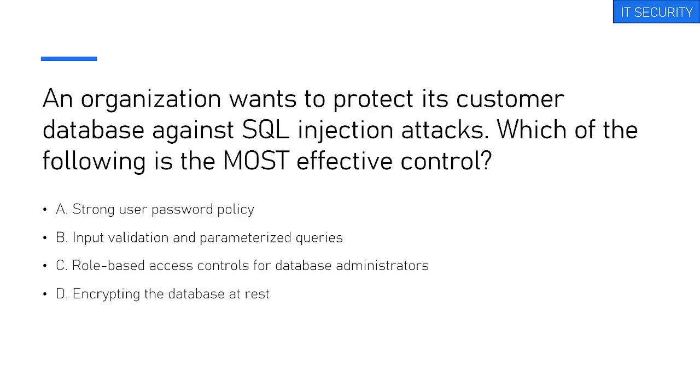And they want to exploit that vulnerability. So that's what it is. D is about the encryption of the database at rest. So the data is there. It protects that particular data for sure, but it won't prevent that SQL injection.